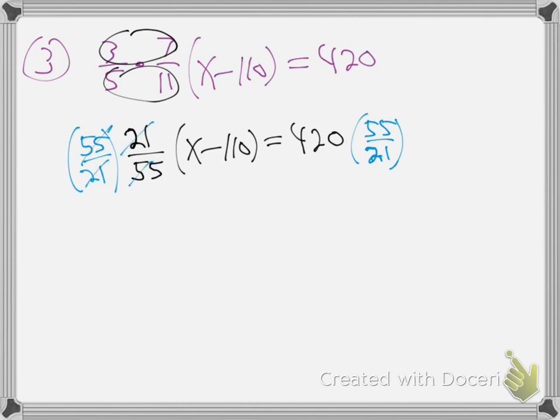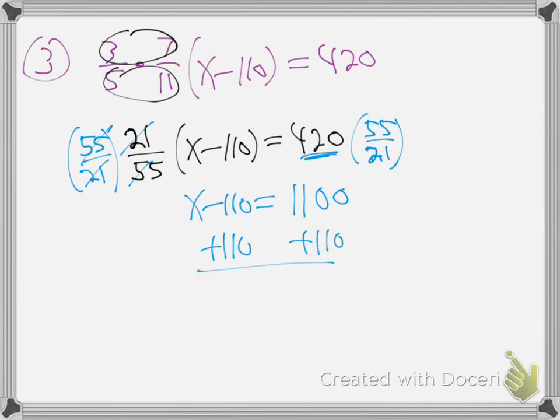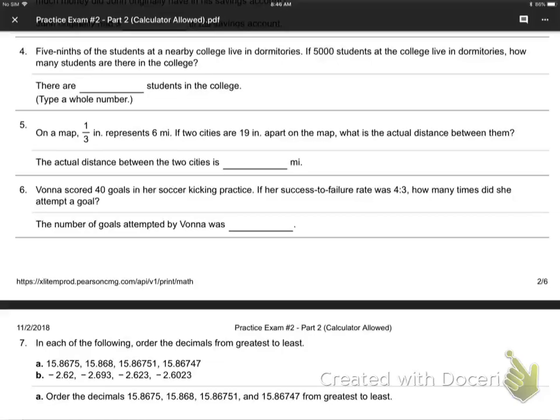So these will cancel out. This is x minus 110. The other side, just use your calculator. You just take 420 times 55 divided by 21. And you get 1100. And then add the 110 to both sides. And I'm getting 1210. That's what he had originally.